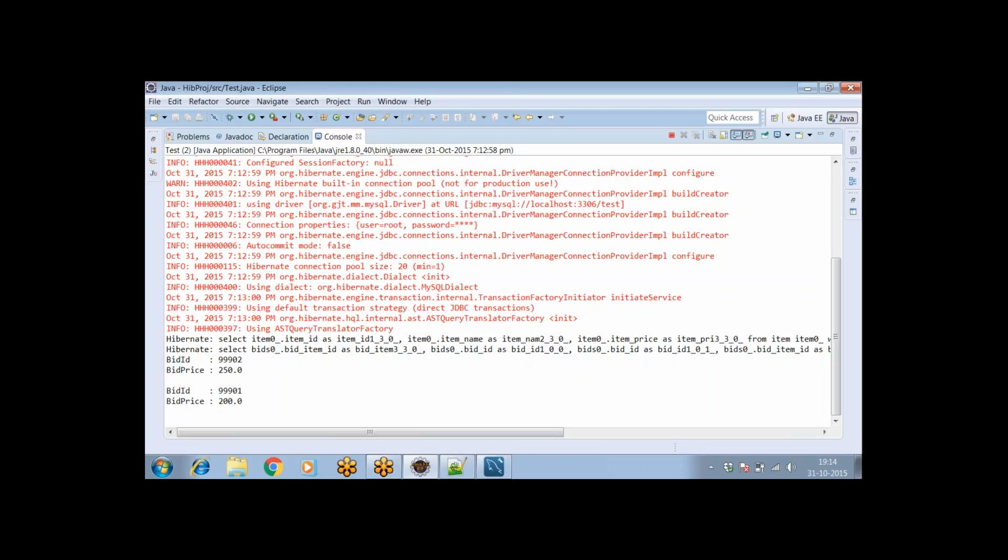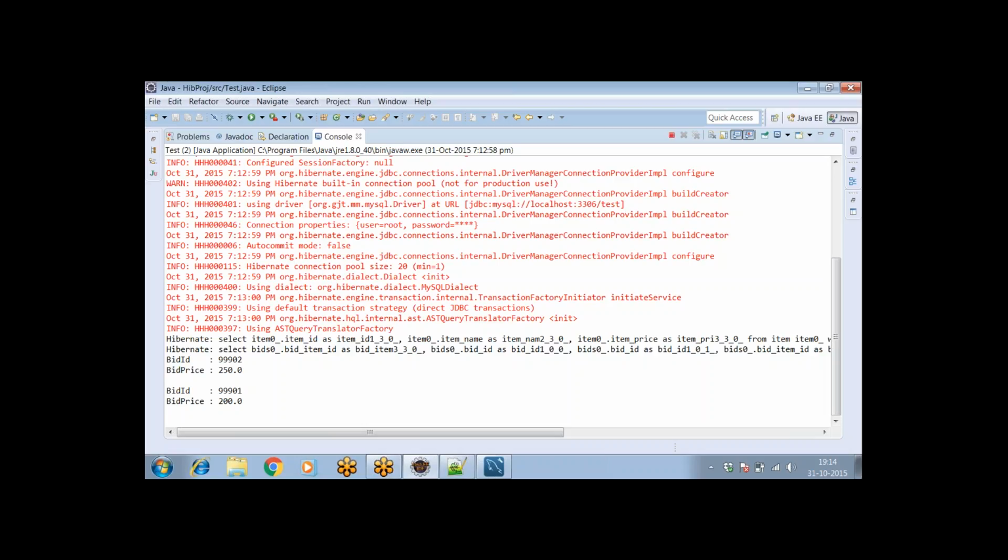So now the other point which you need to understand here is why Hibernate follows this lazy loading strategy to fetch the associated records.